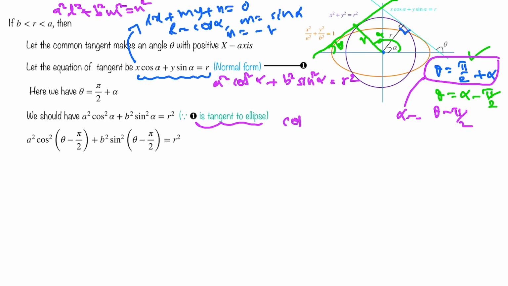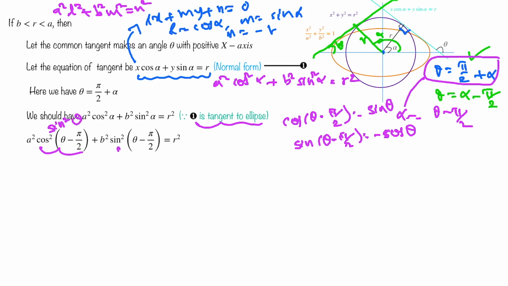Now cos of theta minus pi by 2 will be the same as sin theta, and sin of theta minus pi by 2 will be equal to minus cos theta. But since we have squares, this is going to be equal to sin square theta, and this is going to be equal to cos square theta. So we have a square sin square theta plus b square cos square theta equal to r square.